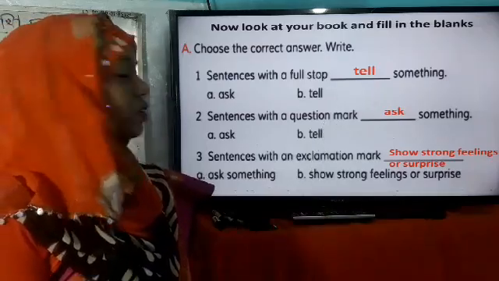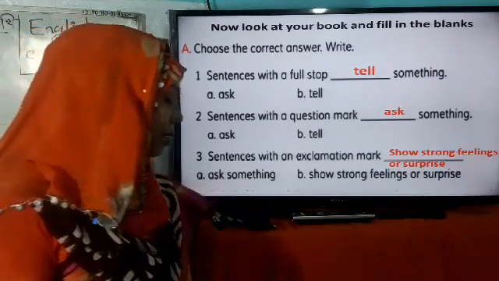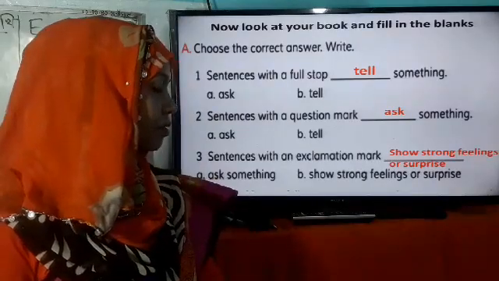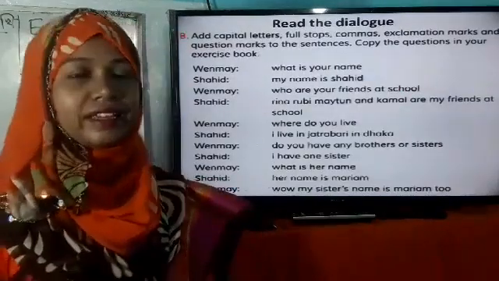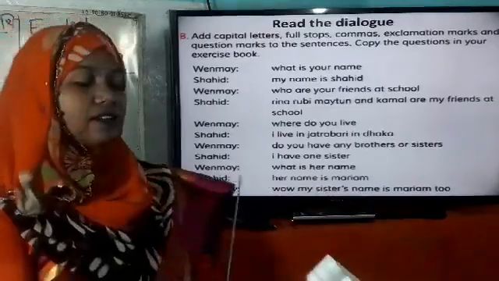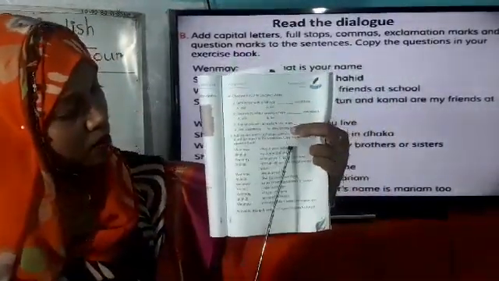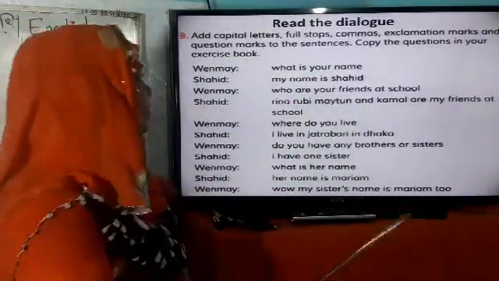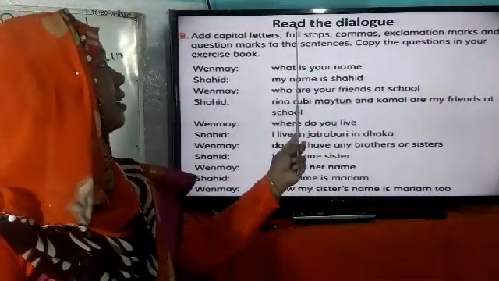তোমরা নিজেরাই কিন্তু এটা করতে পারবে এবং খাতায় লিখতে পারবে। So now I would like to discuss activity B. Dear students, here is activity B in your textbook. Okay? Dear students, read the dialogue.